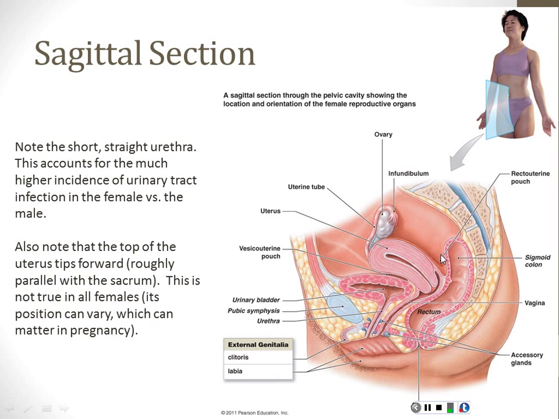And a uterus that tips backwards so that the fundus, or the top part, is back here instead. And that doesn't normally matter. It can matter sometimes in pregnancy issues, though. But just so you know, there is variation in the position of the uterus.